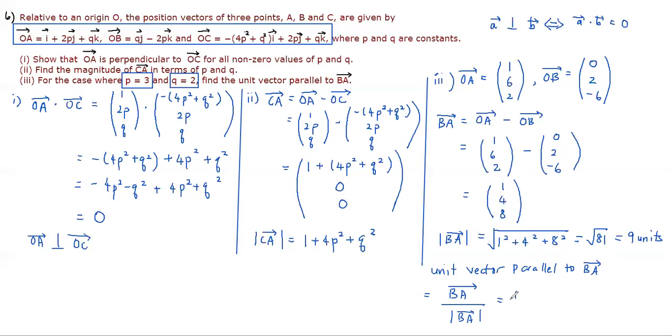You can write this as 1 over 9, and the components are 1, 4, 8. So this can be written as 1 over 9, 4 over 9, and 8 over 9. And that is a unit vector that is parallel to vector BA.